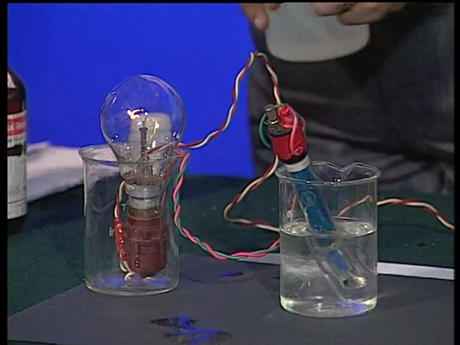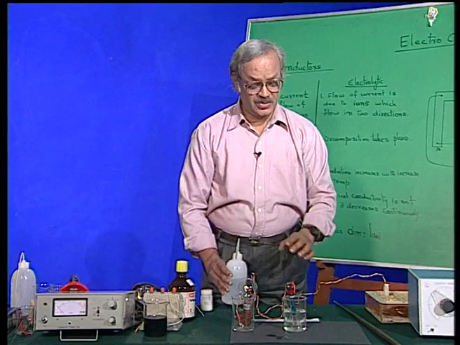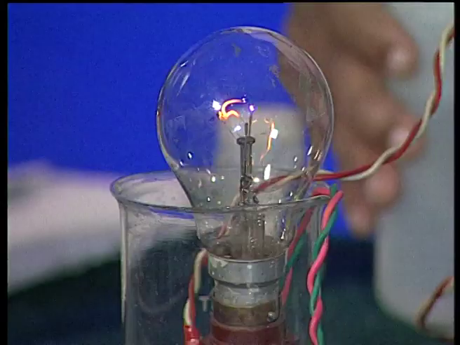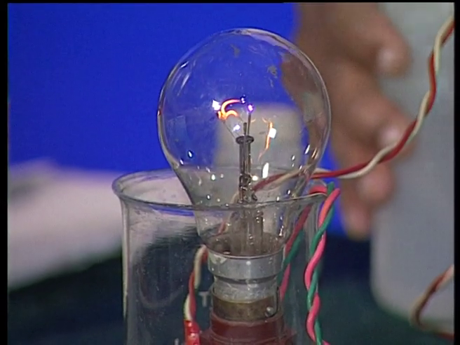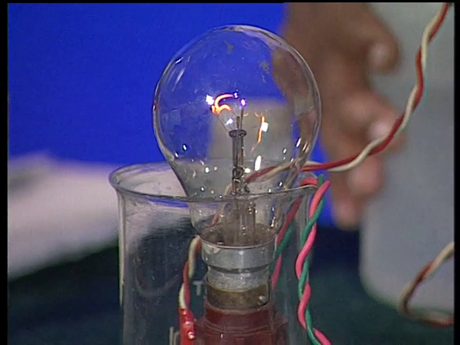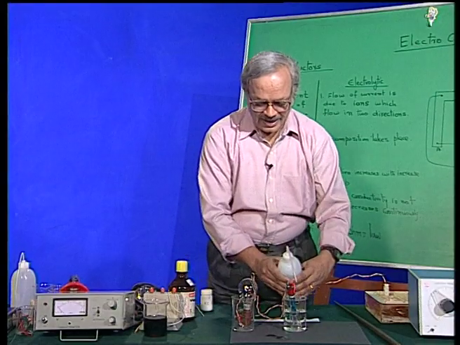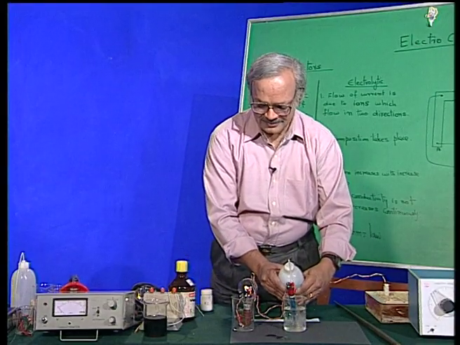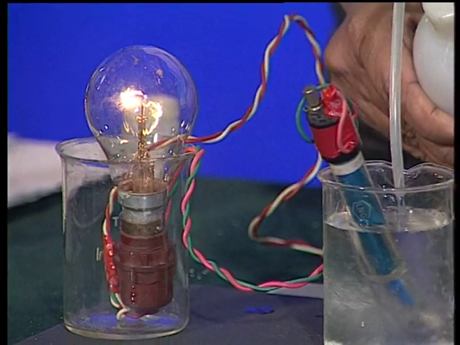A faint glow here, compared to absolutely no current passing, you have some current passing right now. Add some more water and see what happens. It is becoming more and more bright.